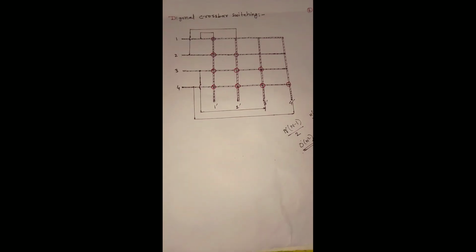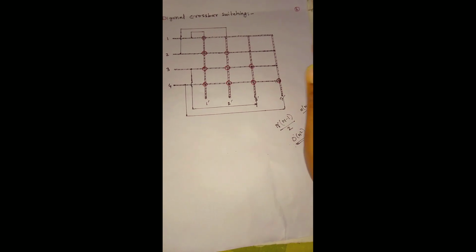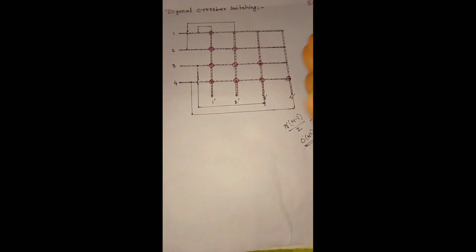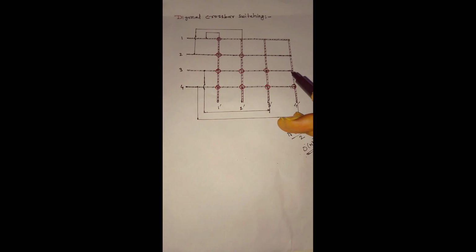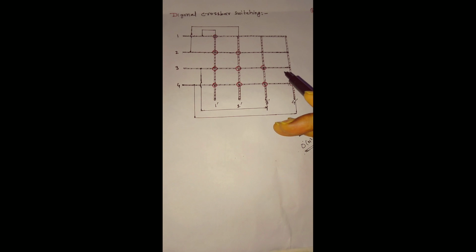If we use upper cross points, it will be n into n plus 1 upon 2. So in both cases complexity is O(n) square again. And if we look at this, this cross point we are not actually using, but we are just considering this to simplify things or to include all the diagonal elements. Okay. So these are the crossbar switching.